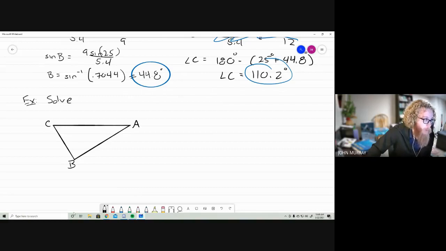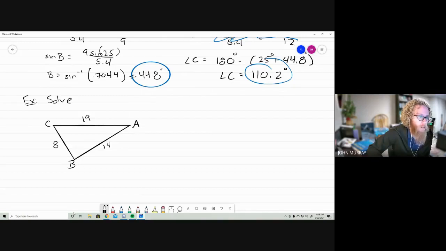If you want to, redraw the triangle, just make sure everything's in the right spot. There's nothing saying that you can't move the triangle around to be more pleasing, for lack of a better term.